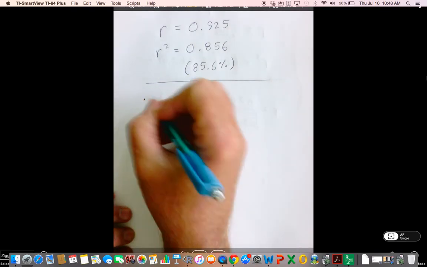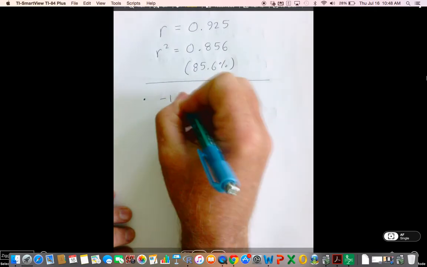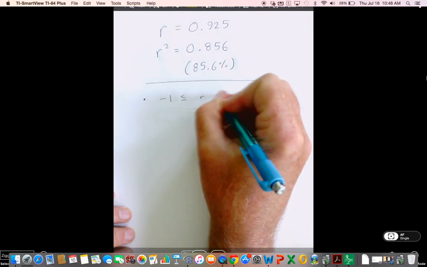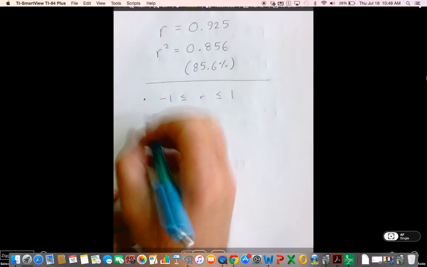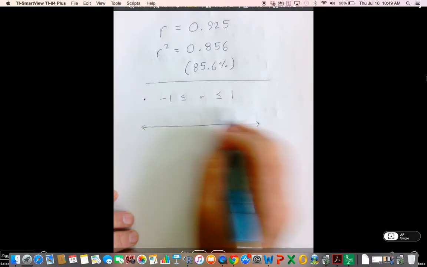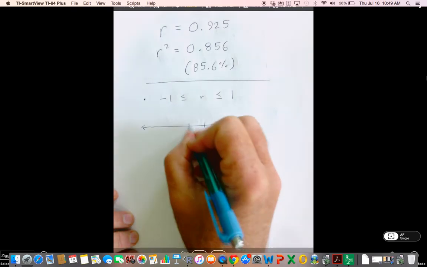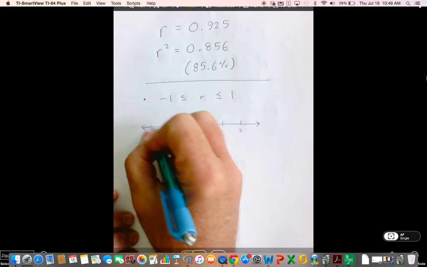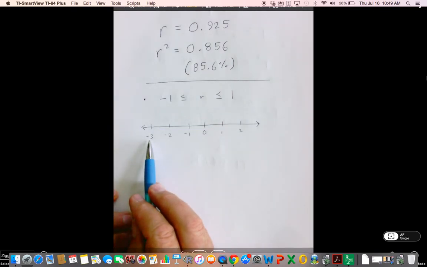Let's talk about R first. R has a restriction on the values it can attain. Guys, all R values, these correlation coefficients, have to have values between -1 and +1. So when you look at a number line of possible values for R, and someone comes in and tells you, I got an R value of -3, you'll say, no, you didn't.